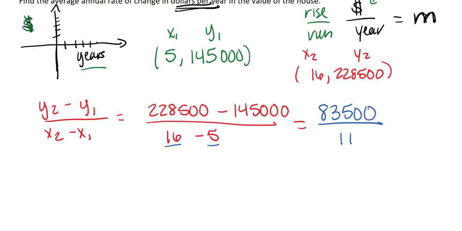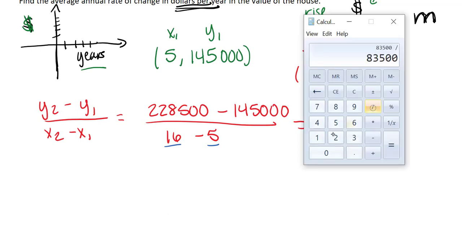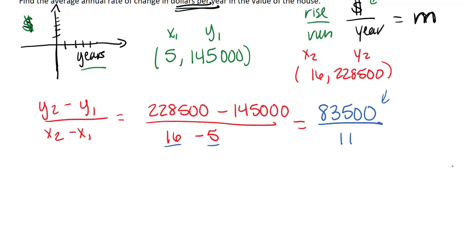Let's see if this is a factor of 11. Can 83,500 be divided by 11? Because 11 is a prime number, can we reduce this any? Let's just divide it by 11 to see. Well, that's not an even number, so we can just leave this as our slope.